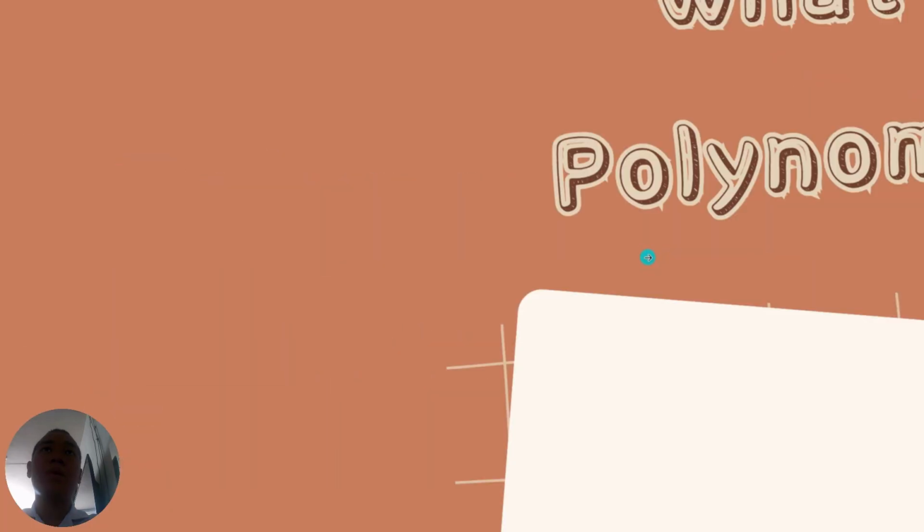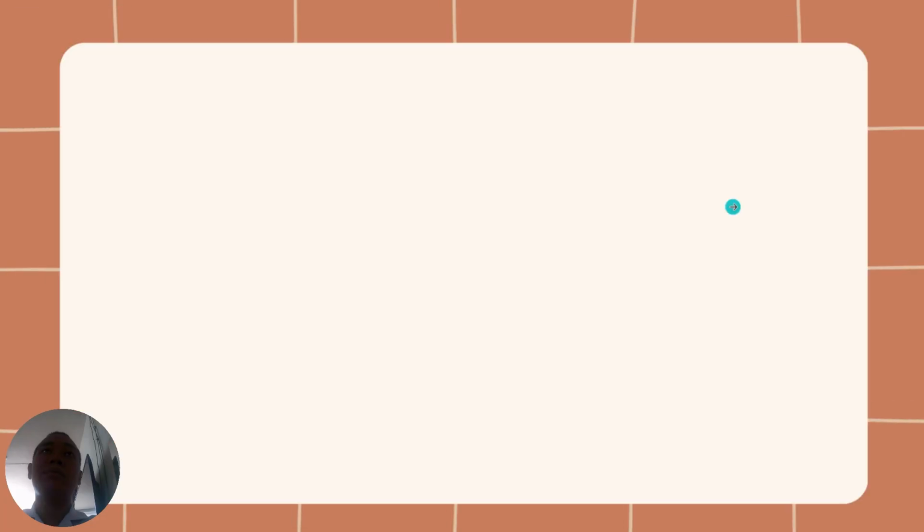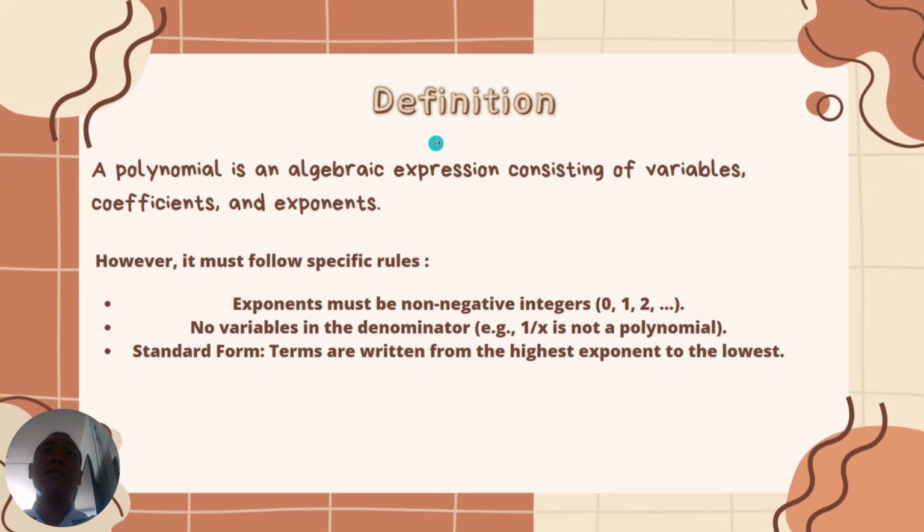Now, what is a polynomial? By definition, a polynomial is an algebraic expression that consists of variables, coefficients, and exponents.